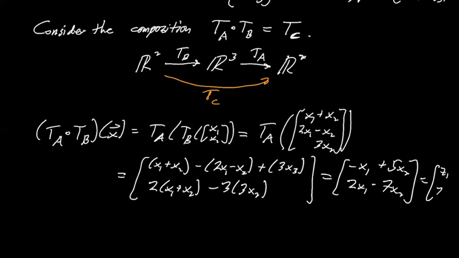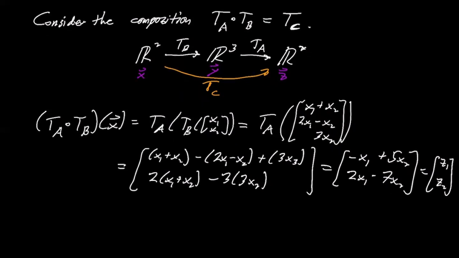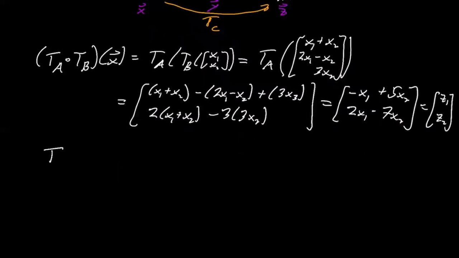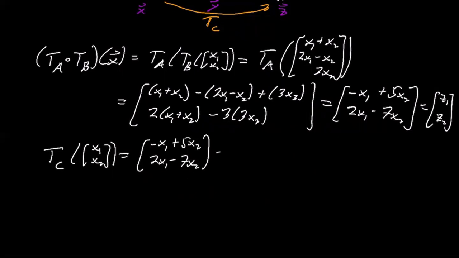So we're skipping the y's, plugging in terms of the x's. Again, R2 is the x's, R3 is the y's, and this R2 is the z's up here. So T sub C of x1, x2 is minus x1 plus 5x2, 2x1 minus 7x2. Like I said, that's z1, z2.